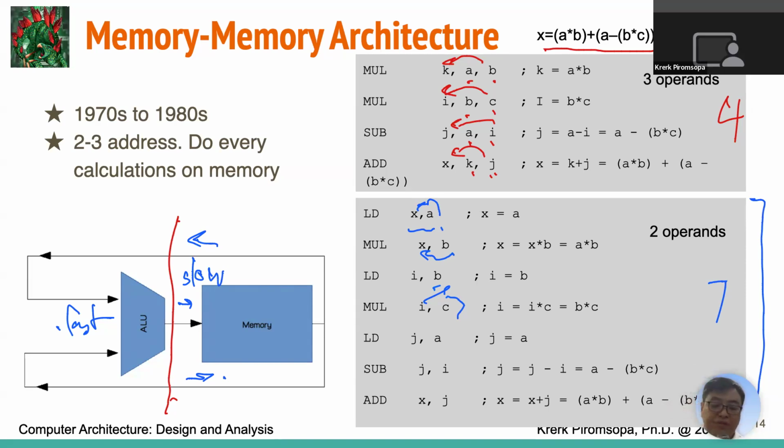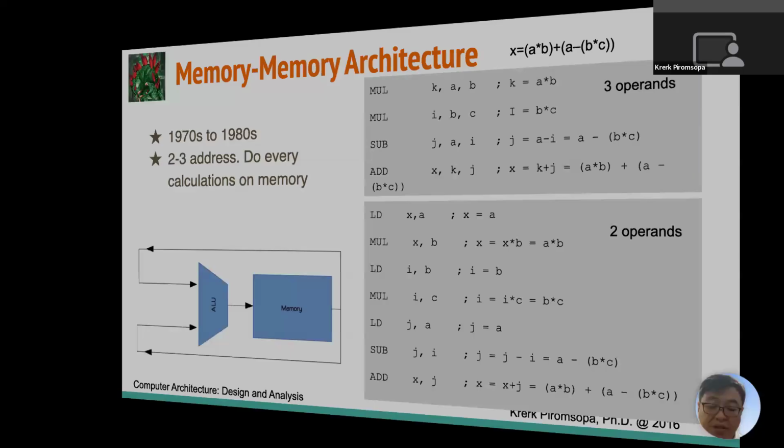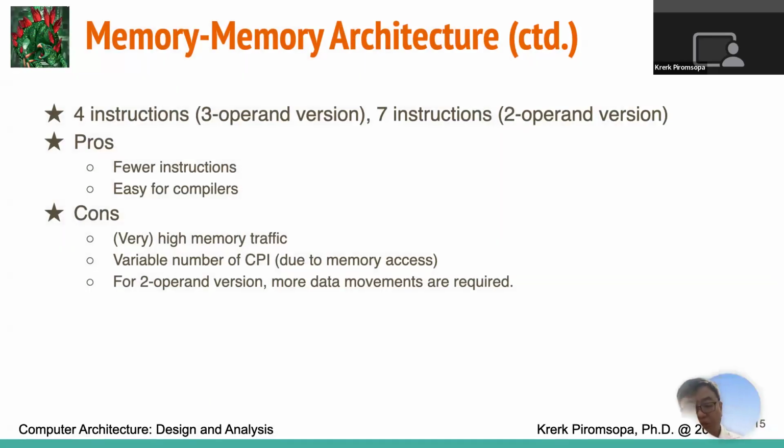This is slow with modern technology. And actually, I summarized it here. Fewer instructions, good. Easy to compile, good. But as memory is now slow, we don't like it.